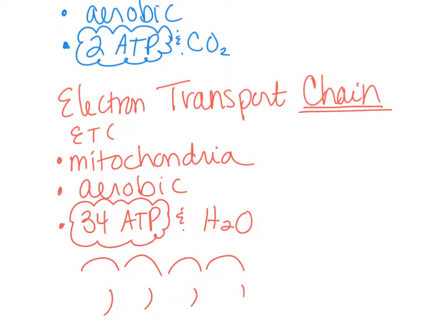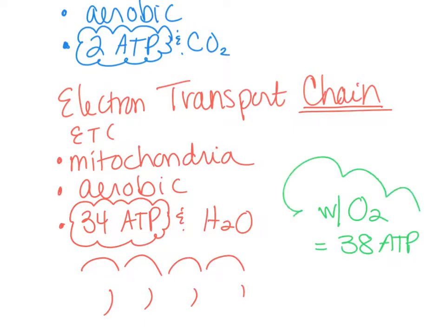We have 2 plus 2 plus 34. When there's oxygen present, okay, cellular respiration with oxygen, you're going to get a total of 38 ATPs. Okay, so there's the big picture here. Quite efficient because in went only 1 glucose.